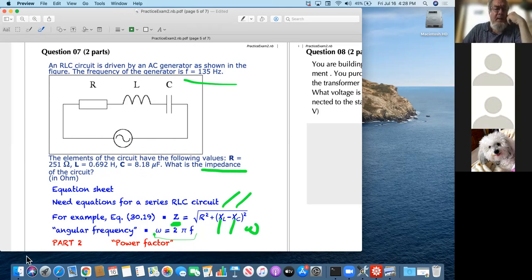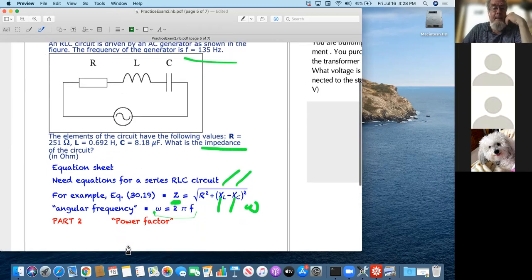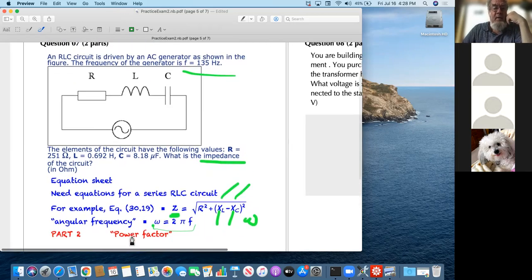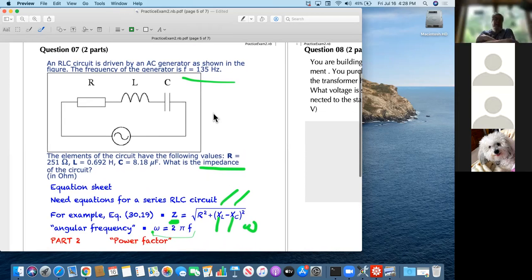Now, part 2 of the problem says, what's the power factor? And I don't have that written down here to talk about today, but you'll remember power is delivered by the source of EMF, the generator.